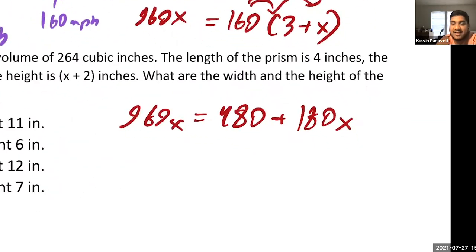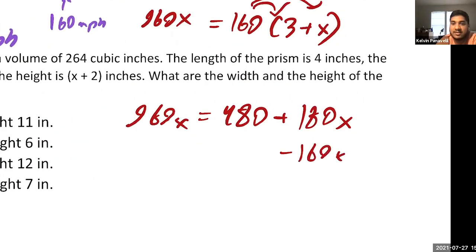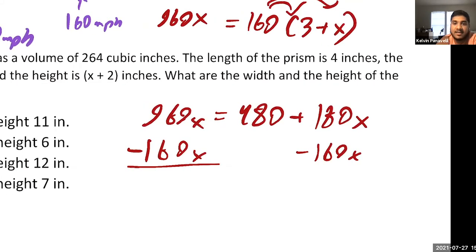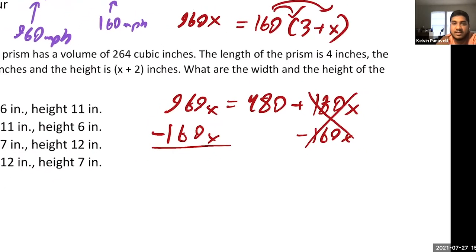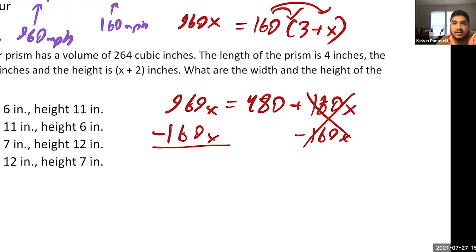And last step is isolate X, right? So we're going to subtract that 160X on both sides. And then divide. So what do we get, guys? What are we going to get when we subtract 960 minus 160? 800X equals 480.